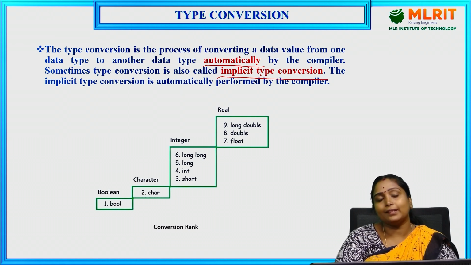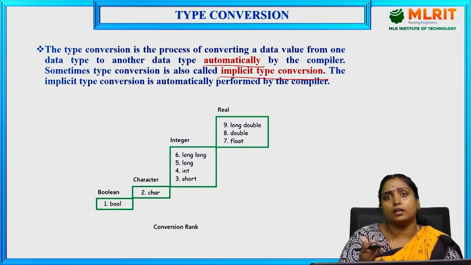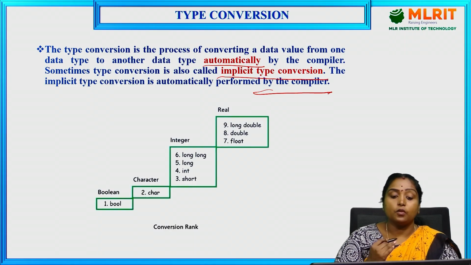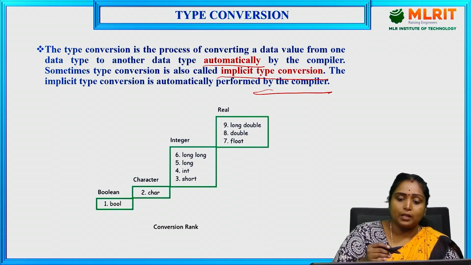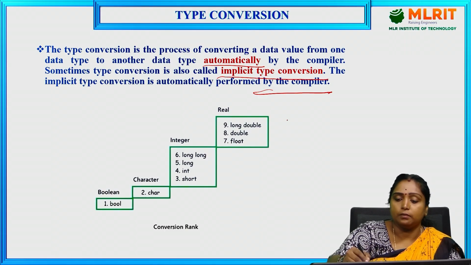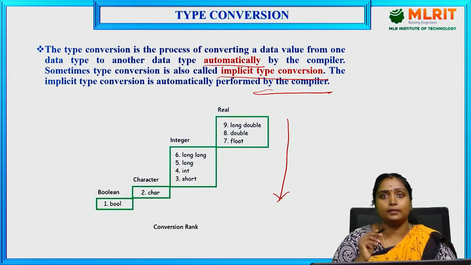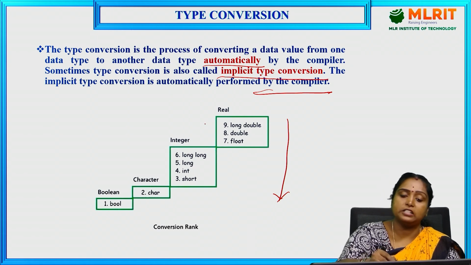So the implicit type conversion will happen automatically without any notice. The compiler itself will perform this particular thing. So here, when it comes to higher to lower, this would happen, which means if I have a float value, that can be converted to an integer automatically.